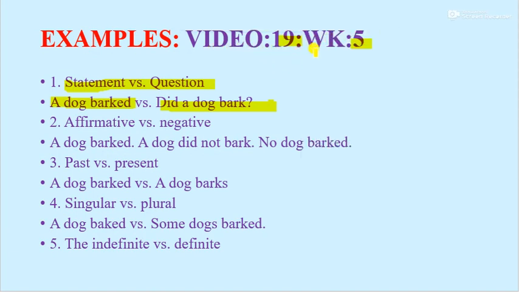So, in video 19, week 5, in our last lecture and in our last slide, we are going to differentiate between lexical meaning and grammatical meaning. Now, these are the examples. Statement versus questions: if you say "a dog barked," this is a statement, and "did a dog bark?" is a question.